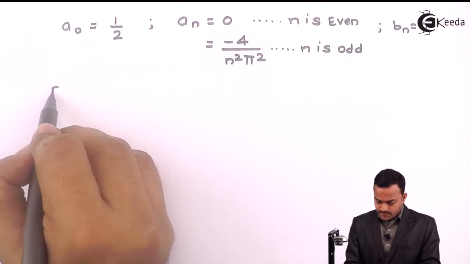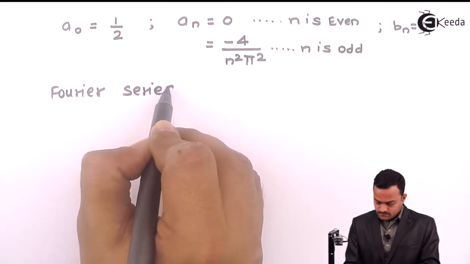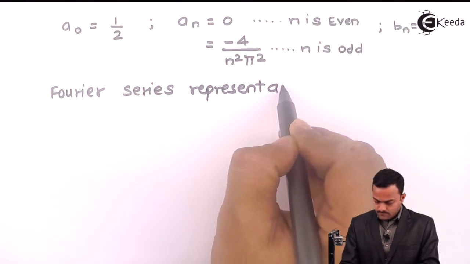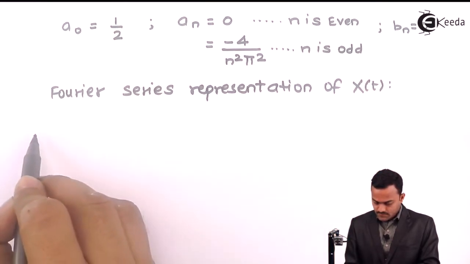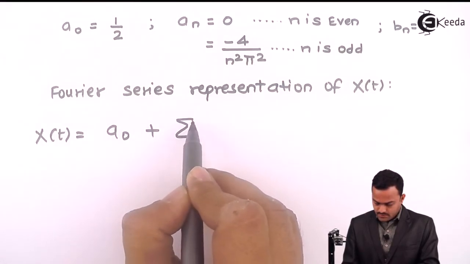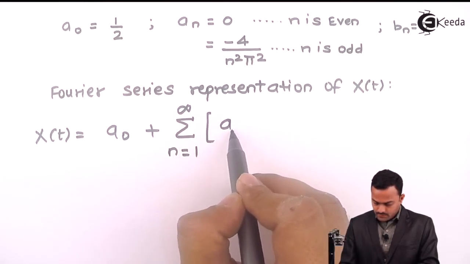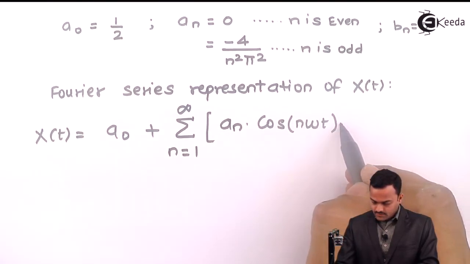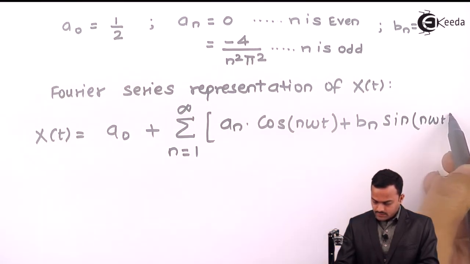So Fourier series representation of x of t can be written like this. X of t equals a0 plus summation n from 1 to infinity bracket an cos n omega t plus bn sin n omega t.